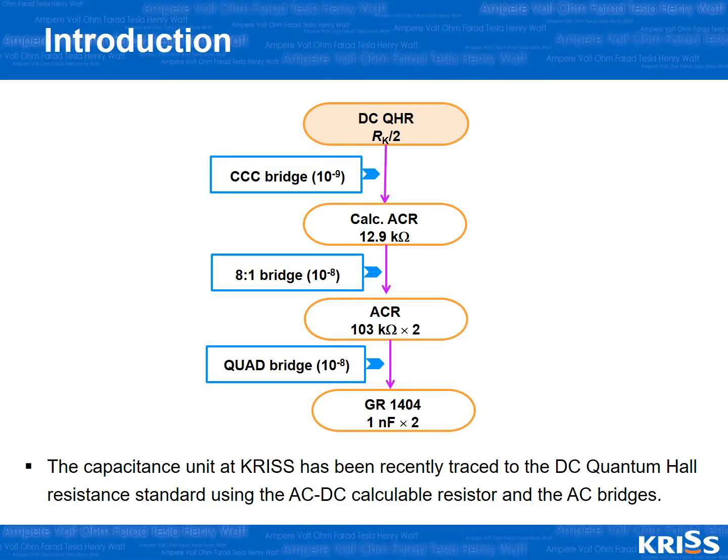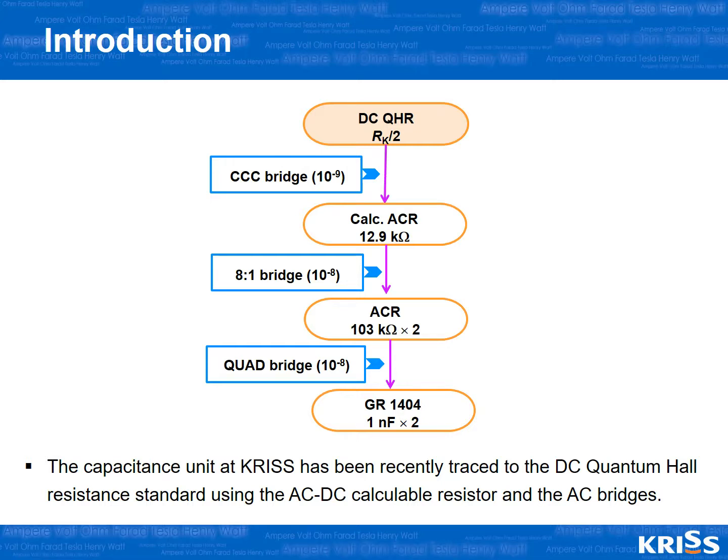First, this slide shows the current traceability of capacitance from the DC quantum Hall resistance maintained at KRISS. The DC quantum Hall resistance standard was used to calibrate the 12.9 kilo-ohm AC to DC calculable resistor standard using the CCC bridge.